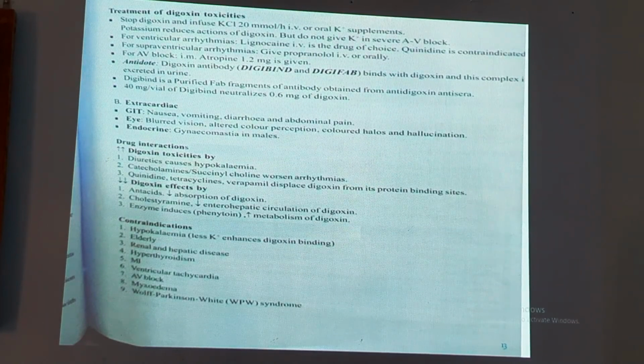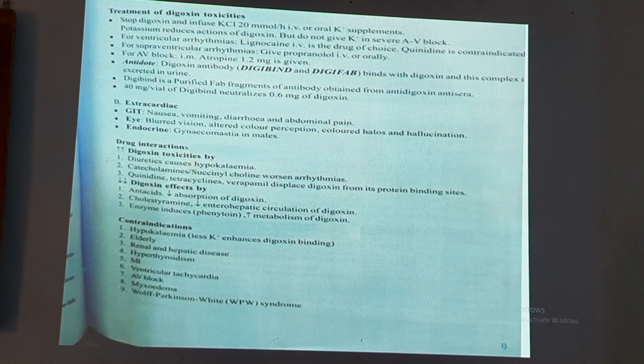For treatment of digoxin toxicity, digoxin should be stopped and infusion of potassium chloride 20 millimole per hour intravenously is given, or oral potassium supplements depending upon the severity of the condition. Potassium reduces actions of digoxin, but do not give potassium in severe AV block.